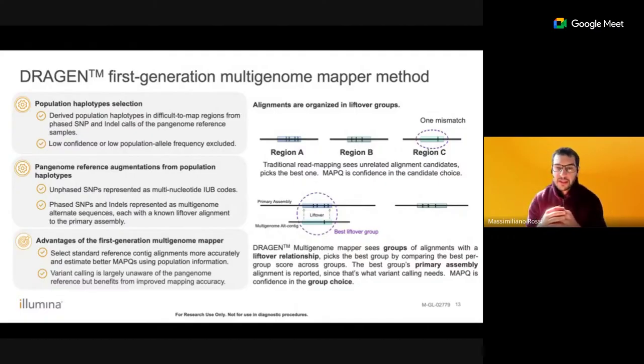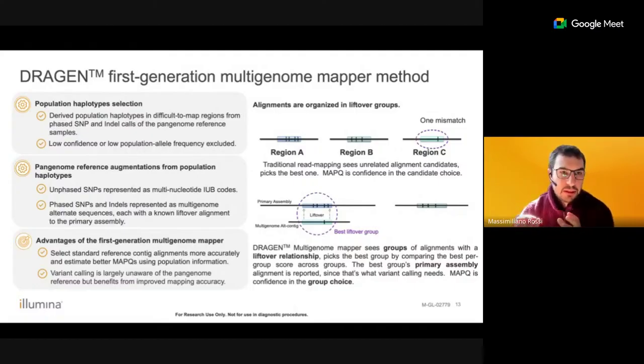The first one is that unphased SNPs are encoded as multi-base codes. This helps in guiding the alignment, and the phased SNPs and indels are represented as multi-genome alternate sequences with liftover to the primary assembly.